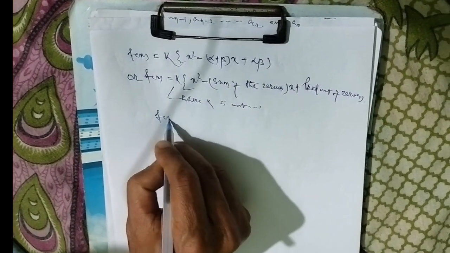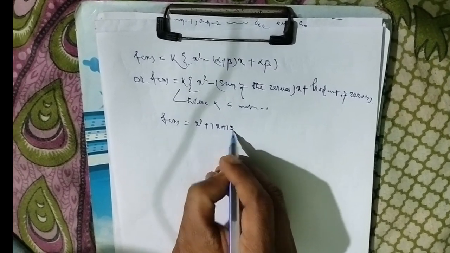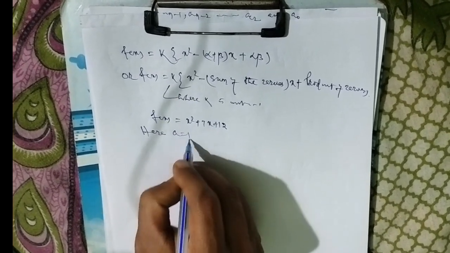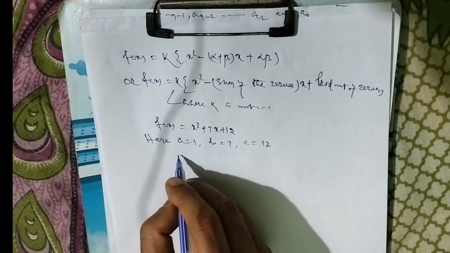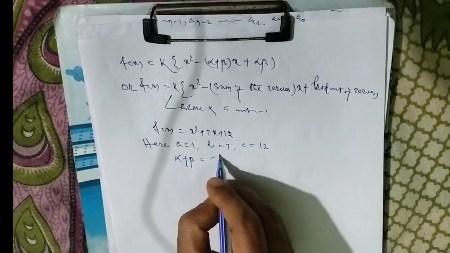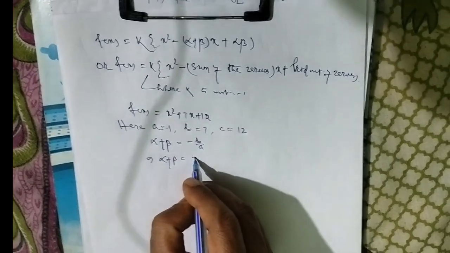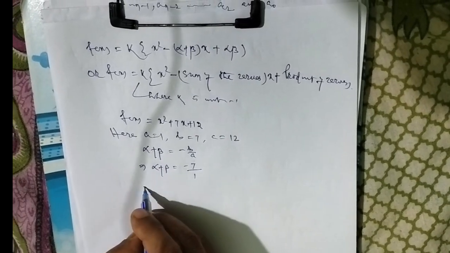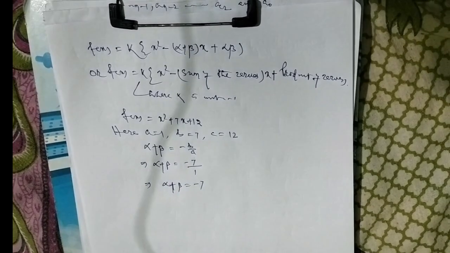Suppose f(x) is equal to x square plus 7x plus 12. Here a is equal to 1, b is equal to 7, c is equal to 12. What is the sum of the zeros? Alpha plus beta is equal to minus b by a. Implies alpha plus beta is equal to minus, put the value of b 7, put the value of a is 1, implies alpha plus beta is equal to minus 7.